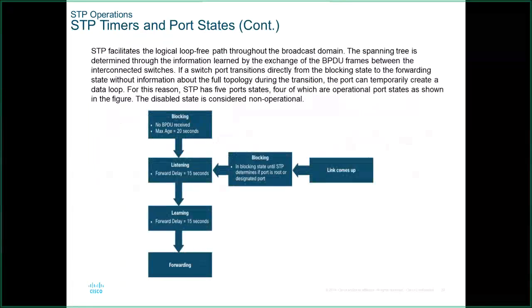So let's have a look at the timers. If nothing's received, the maximum age is reached at default at 20 seconds. It then brings up a listening stage, which means it's trying to determine what's going on. 15 seconds.